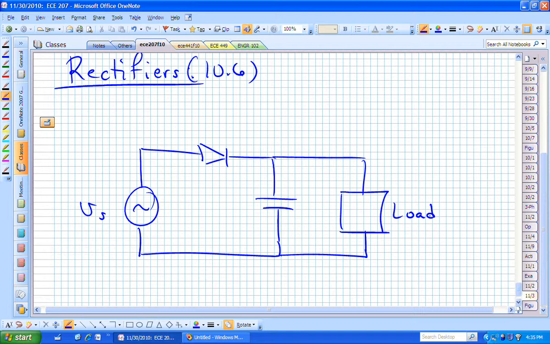We may assume that that's going to be more like a resistive load. This is going to have some capacitor or some capacitance, C. The load will have a voltage drop across it, and it will probably be requiring some current to flow, I sub L. And let's say that this is now an ideal diode.